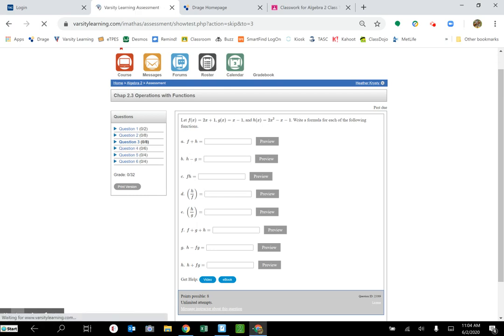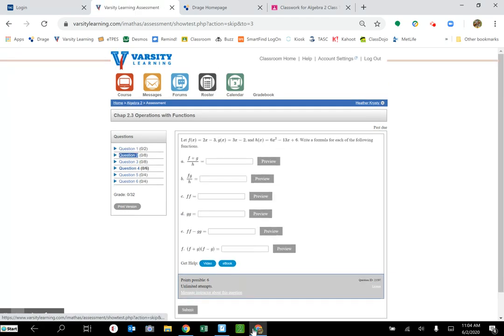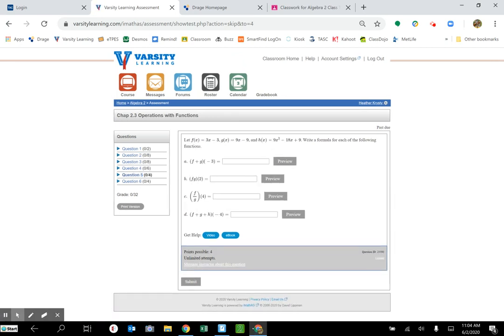It's not until you get to question 5 now, where they're actually giving you these values to plug in. So I would actually do some of these first. You can do one and submit just that answer and see if you're right, and then do the next one. Make sure you're getting them right as you go.